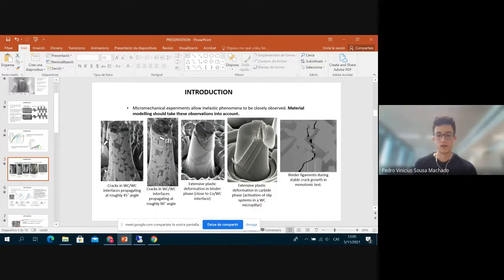These are from the articles that I compare. I use them to observe. Of course, they are after the compression. So I'm using them just to see what sort of failure mechanisms we observe when we compress the micropillar. The point being we want to match that in the simulations.